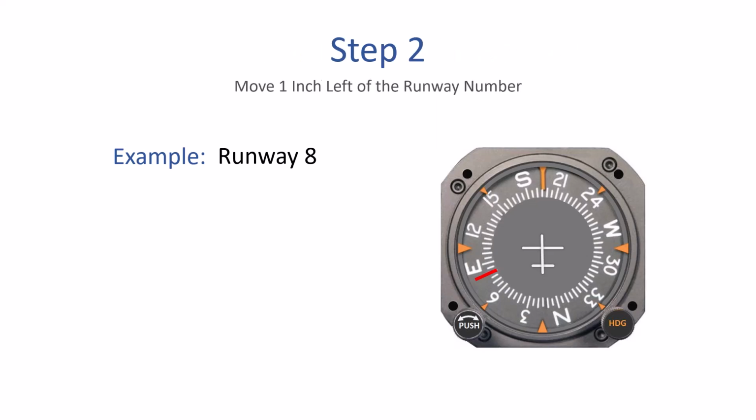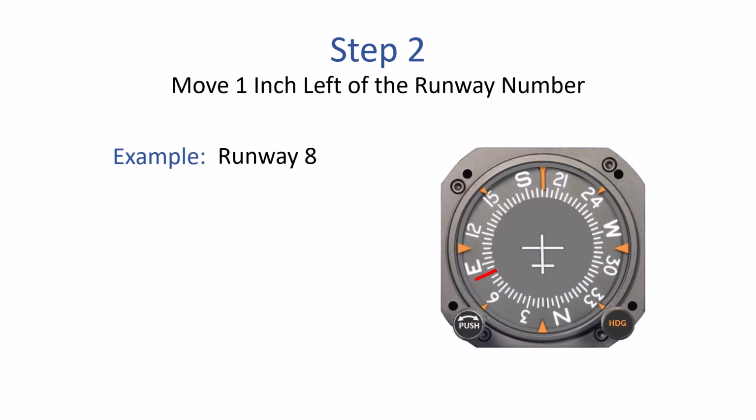Step 2, move 1 inch left of the runway number. All you have to do is move 1 inch left, and that puts it at about 35 degrees right there. Note that position. This is the key thing you're looking for. Anytime you move 1 inch to the left, that's the number you're going to reference from here on out.